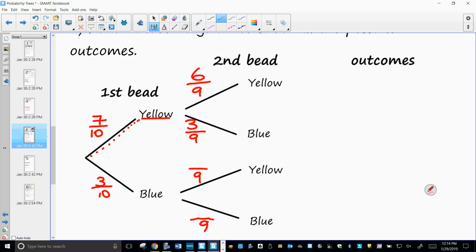Now, what is also important is that we know that our two numerators have to add up to give my new denominator. So that's also a help for you. If you're comfortable that following a yellow reduces the yellow by 1, so that's gone down to 6, you know there has to still be 3 blue ones.